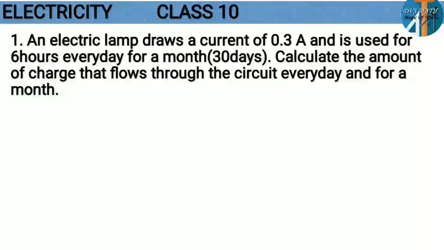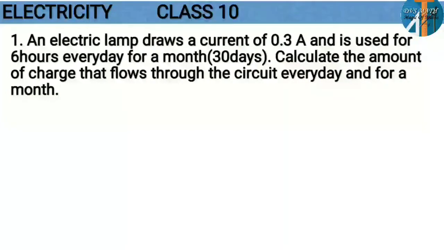An electric lamp draws a current of 0.3 ampere and it is used for 6 hours every day for a month. Here they specifically mention that a month is 30 days. Calculate the amount of charge that flows through the lamp every day and for a month.